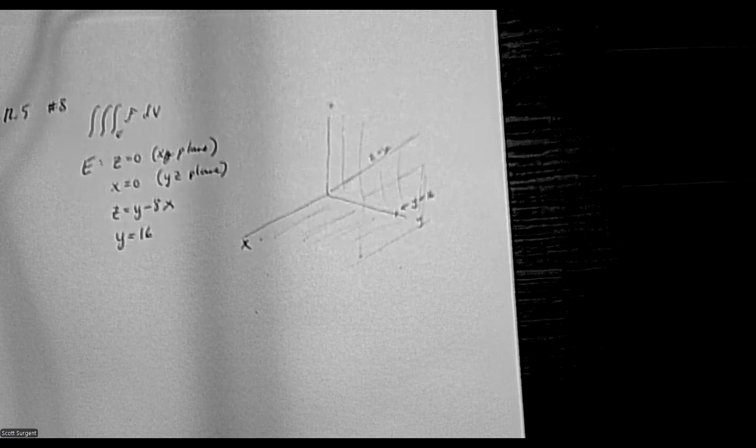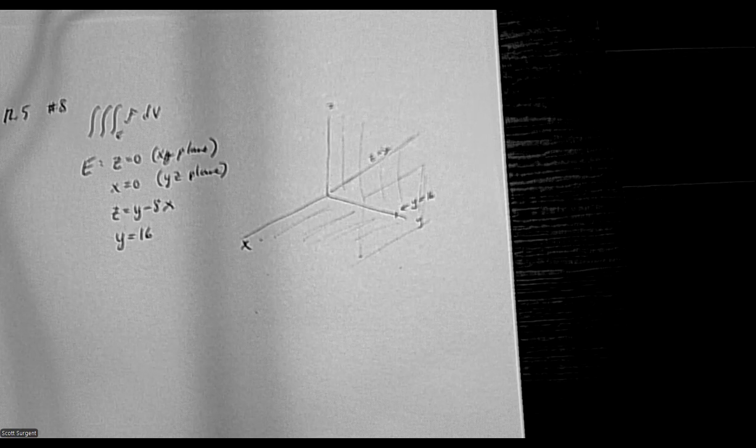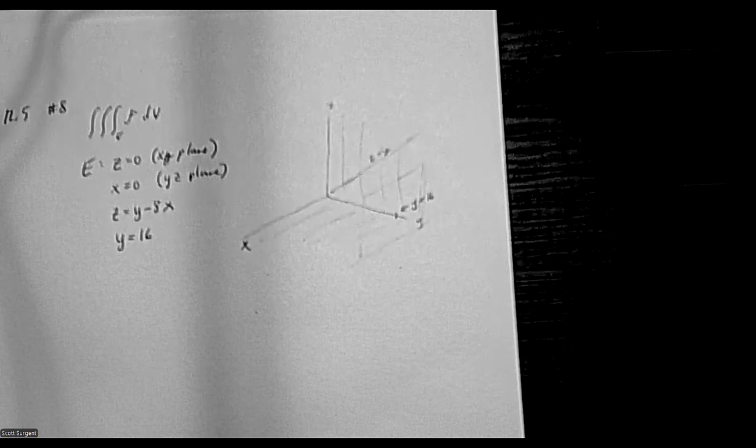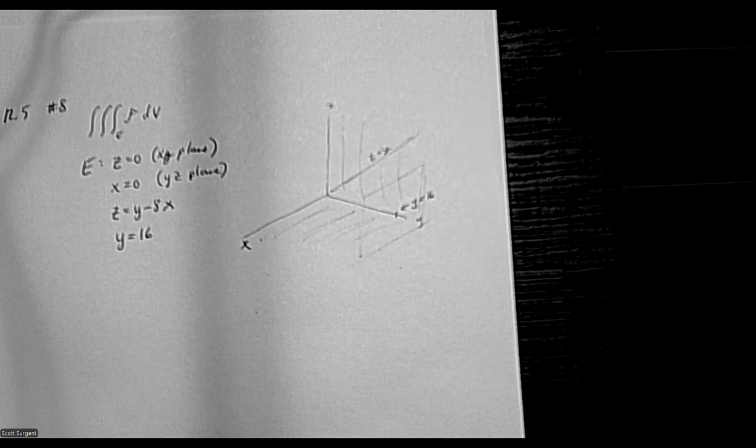Let me make sure I copied that right. Yeah, I did. All right, give me a second here. I have to think this one through. I need to see it. Once I see it, I get it.